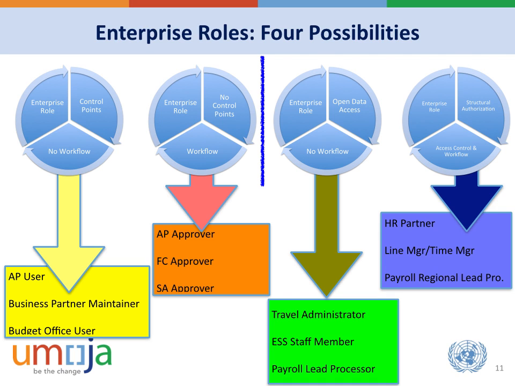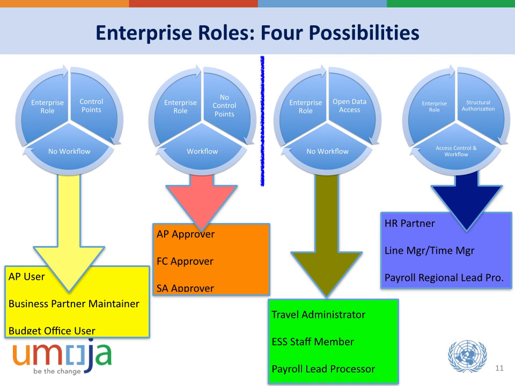The third possibility's example is a travel administrator. By mentioning open data access, what we say is that a person with a travel administrator role can create or initiate the travel request for any staff member in the Umoja system.